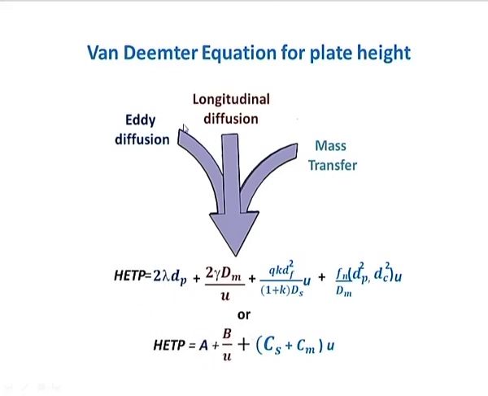The first term, eddy diffusion, is replaced by A. The second term, for longitudinal diffusion, is replaced by B, so it becomes B upon u, and the third and fourth terms are replaced by Cs and Cm respectively. Collectively these become (Cs plus Cm) times u, and this is what we call the Van Deemter equation. So, height of a theoretical plate equals A plus B upon u plus (Cs plus Cm) times u.